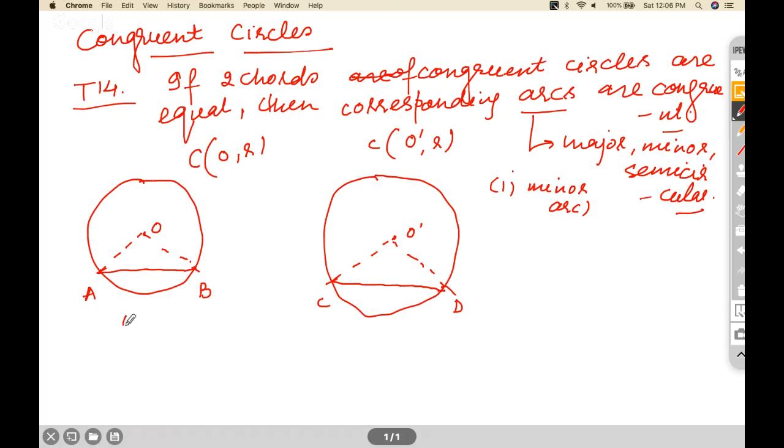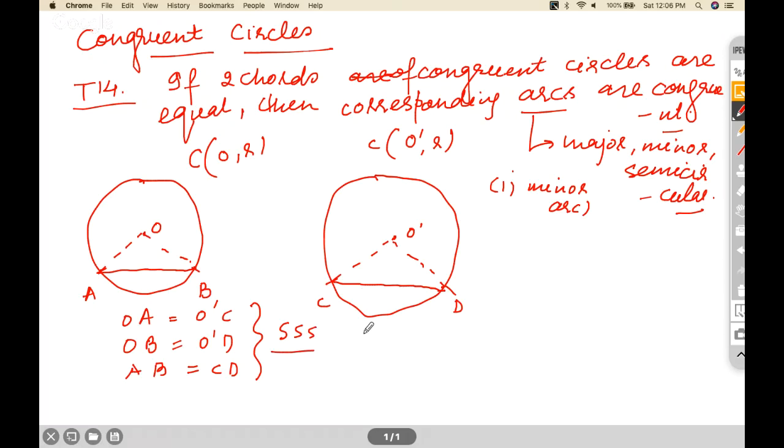Now I know that OA is equal to O dash C, and OB is equal to O dash D, and AB is equal to CD, which has been given to me. It means that it is SAS congruency.